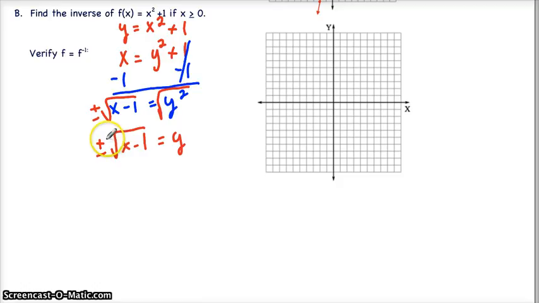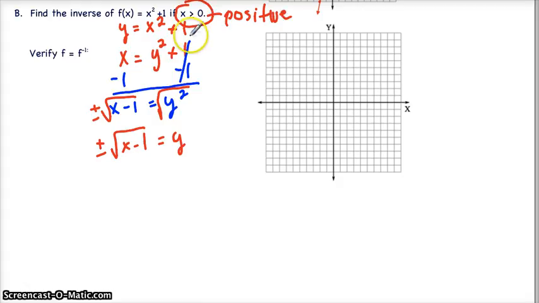So how do we know whether we would use the positive or the negative? If we go back up to our function, we were told that f of x equals x squared plus 1 if x is greater than or equal to 0. And remember, if x is greater than or equal to 0, then x is positive.